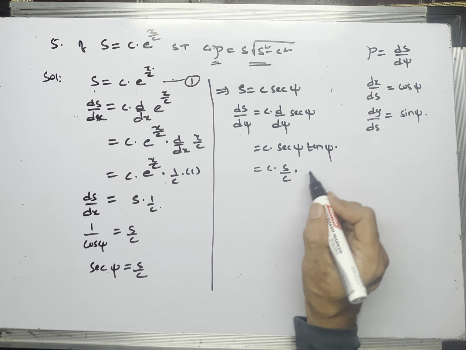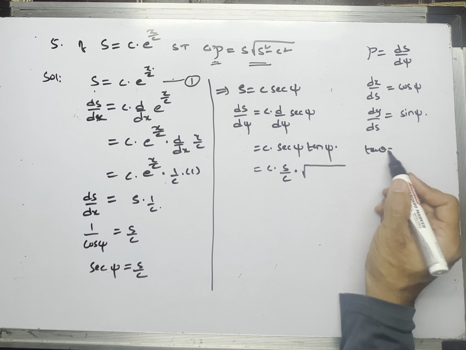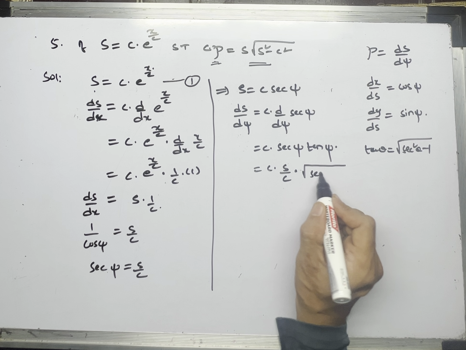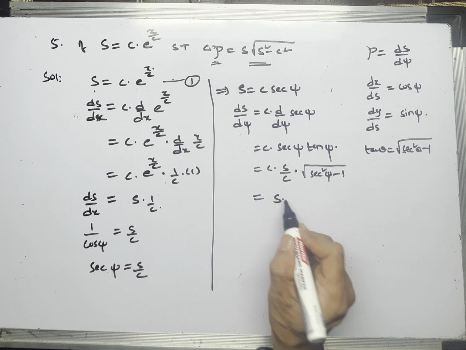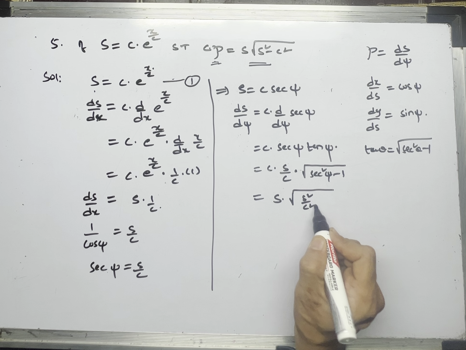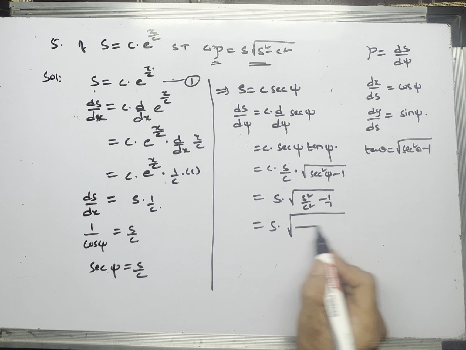Tan, we don't have tan, so we have to convert it in terms of its identity, root over secant square minus 1. So this is secant square psi minus 1. So s into root over, again secant we have, we can resubstitute it, s square by c square minus 1. Now some basic simplification you have to do.